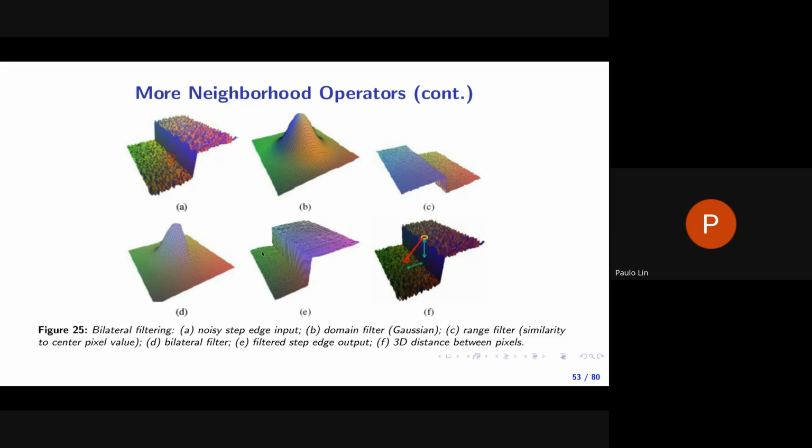And as we can see, the noise has been removed, but we can still see the edge, or we can still see the step on the resulting image. That's why I said that using bilateral filtering, we can preserve the edges on the image.